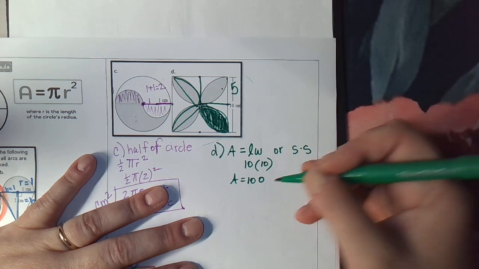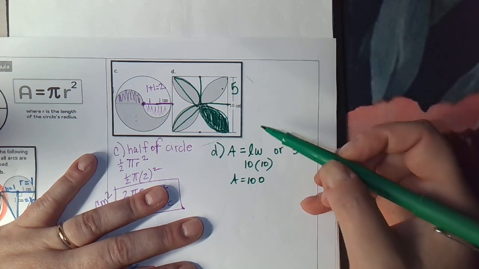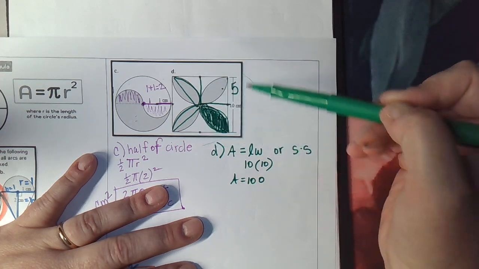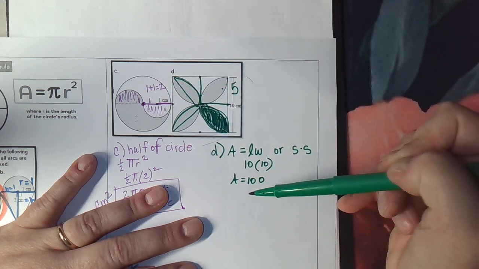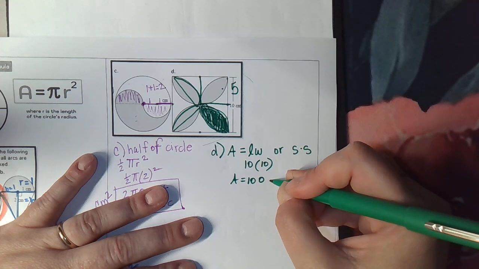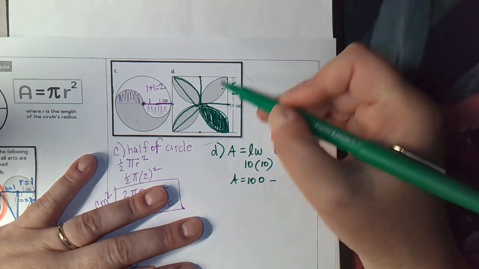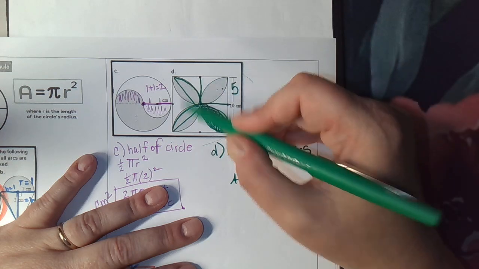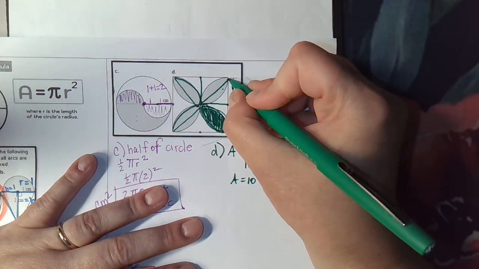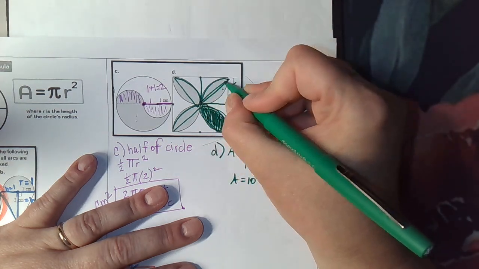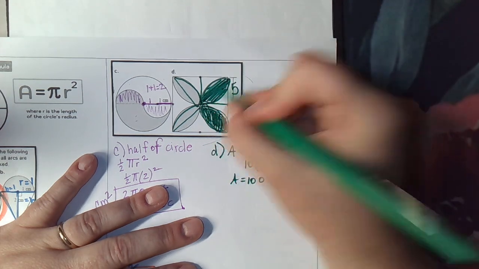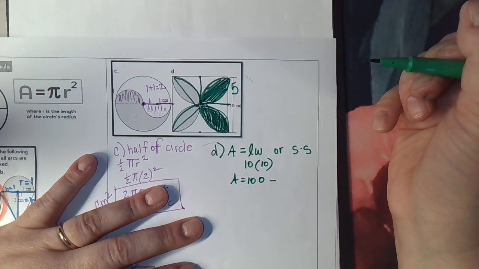So the area of this shaded is going to be the whole white square, which is 100, minus 4 leaves, but each leaf consists of 2 semicircles.